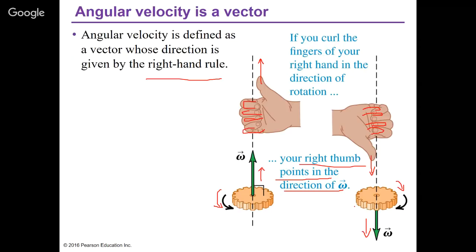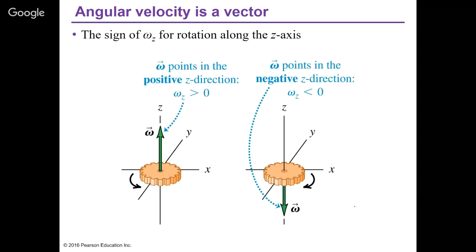We use that to define direction. So now we know that the magnitude of the angular velocity is the time derivative of the angular displacement, and the direction is defined by the right-hand rule. And the angular velocity again is a vector.